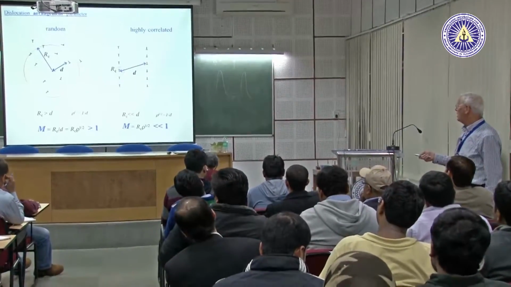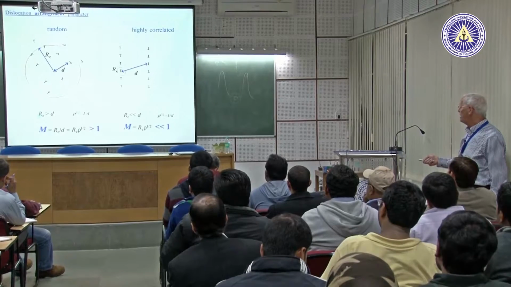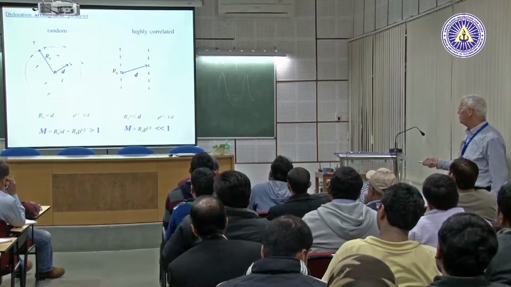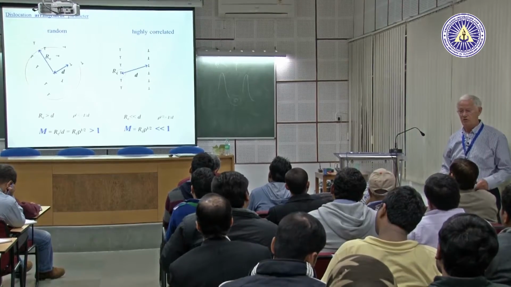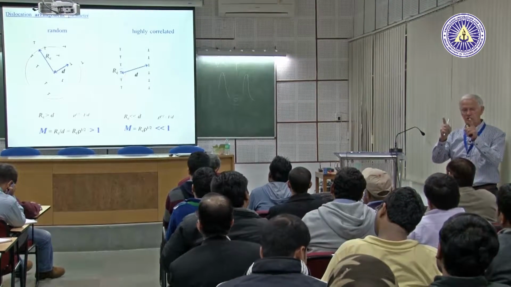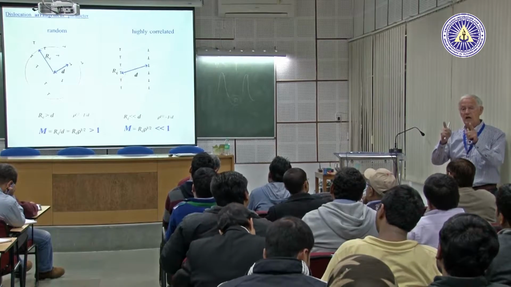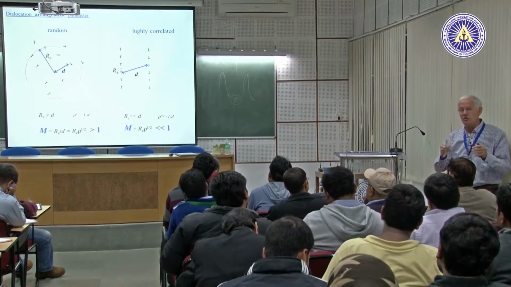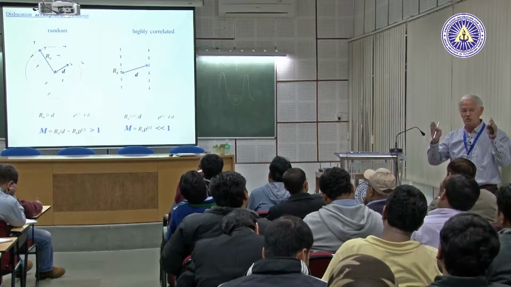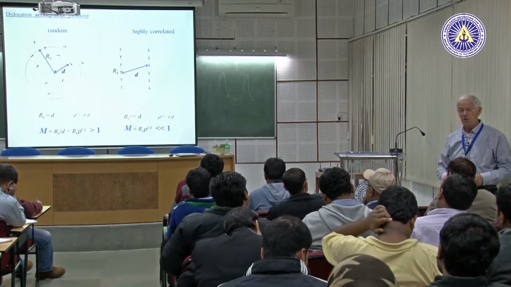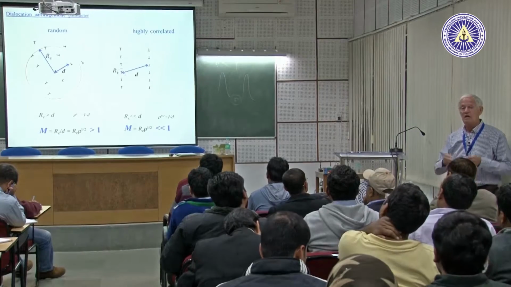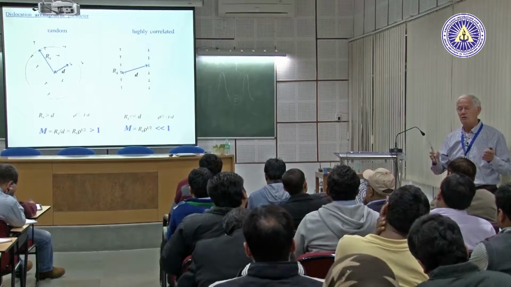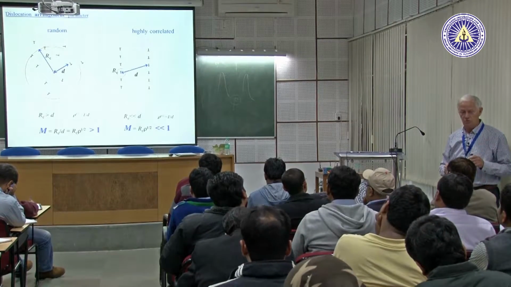In the left-hand side, the effective outer cutoff radius is obviously larger than the average distance. You have an average distance of the dislocations, and the outer cutoff radius can be measured in terms of the average distance.